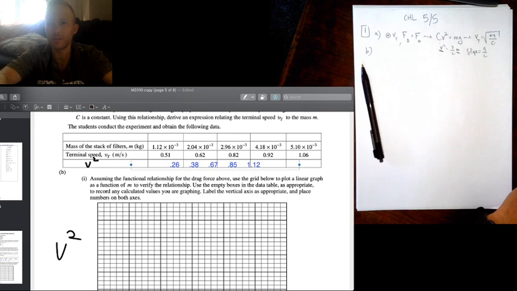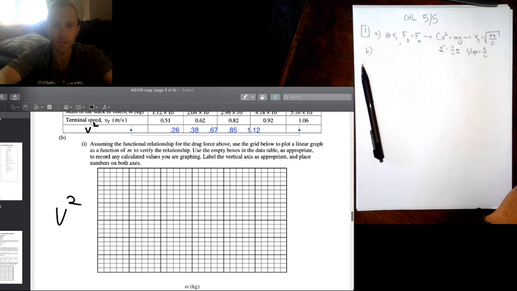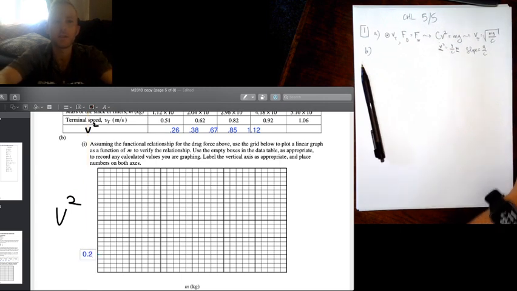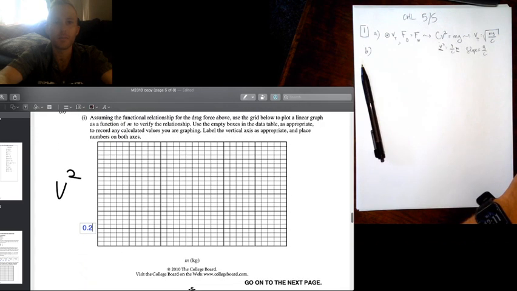And I can see that I basically need my graph to go up to 1.2. So if I make this 1.2, 1.4, if I make this 0.2, okay, so 0.2 is going to be right there. All right, and then here, I'm going to do this in times 10 to the minus 3 kilograms.